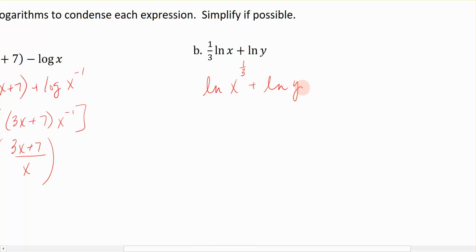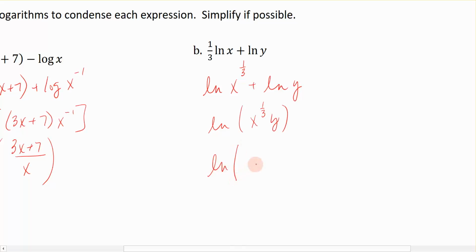Then we apply the product rule, which allows me to write these two arguments as the product of each other, so the natural log of x to the 1/3 y. I can't do anything else as far as condensing this any further, so at this point I take it out of its rational exponent and write this in its radical form. That's what I'm going to do by simplifying it.